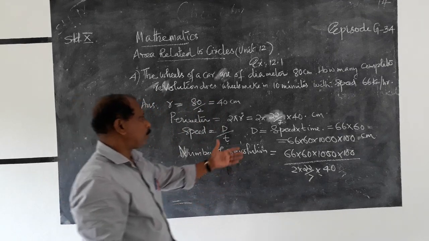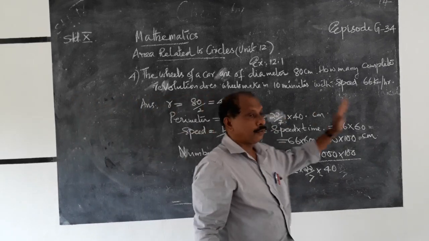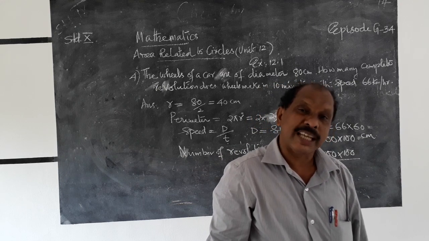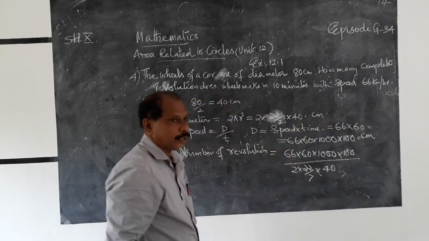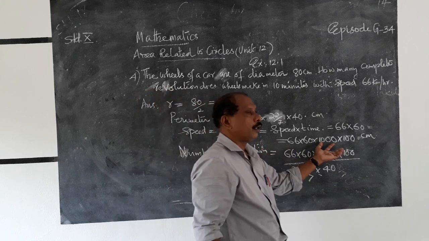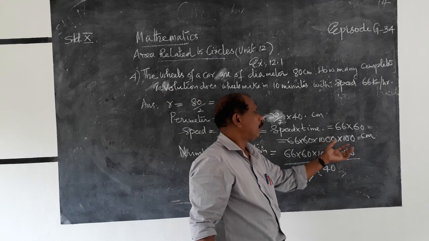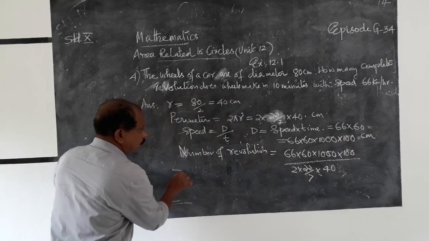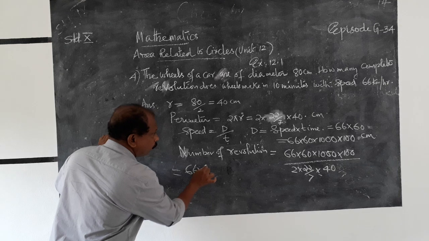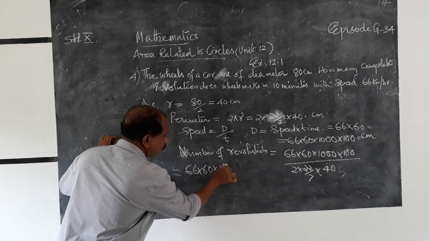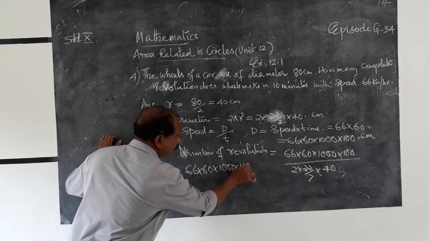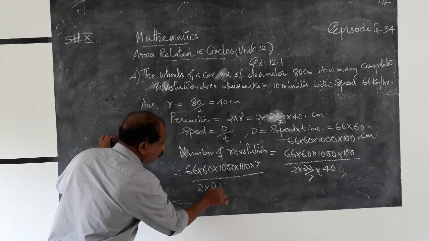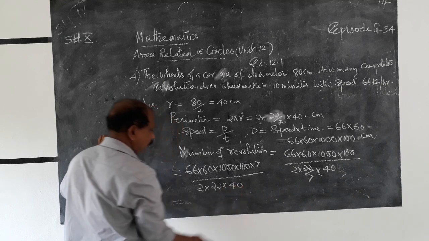Okay, that is the correct answer because the distance is converted from kilometer into centimeter. That is 1000 meter is 1 kilometer and 100 centimeter is 1 meter. It is equal to 66 into 60 into 1000 into 100 into 7 divided by 2 into 22 into 40.